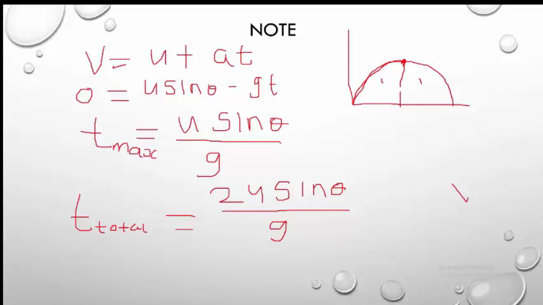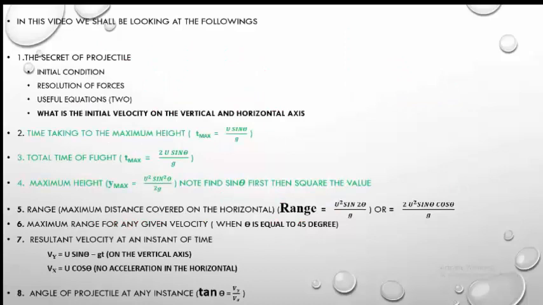So we have been able to look at the total time, and we have been able to look at the time taken to get to the maximum height. This one is the total time. This is not the maximum time. This is the maximum time times 2. But this, we can just write as t total.